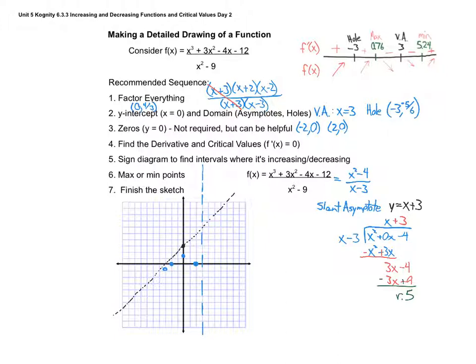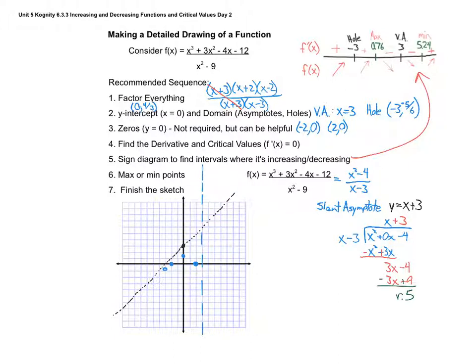So, all of that is previous knowledge. Now we can incorporate what we saw before with our critical values, our sign diagram, and actually finding the max and min points. So the sign diagram is what we saw up here. And we see that it's increasing as we approach the hole.